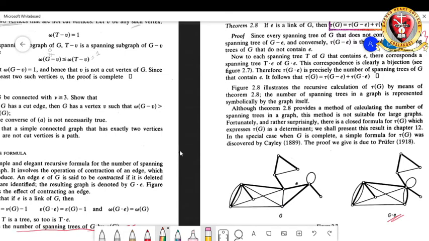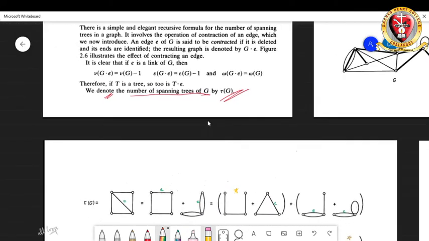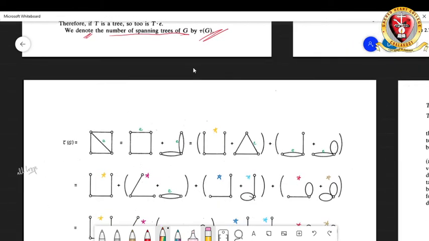to give an illustration, what you're doing is you're going to do the induction process for a graph sitting here. This is a graph. We are going to find the number of spanning trees of this graph.